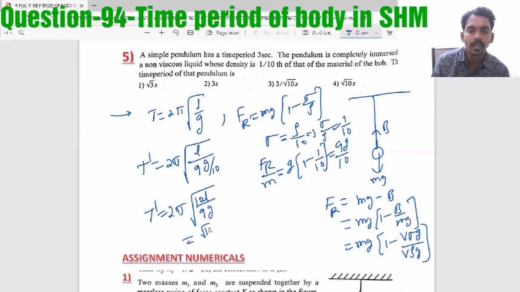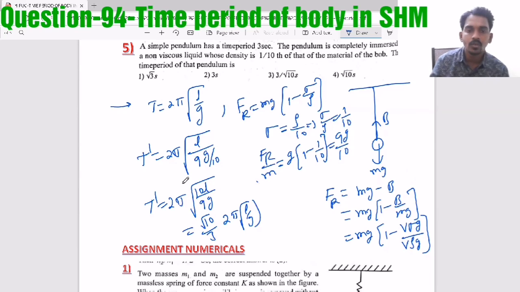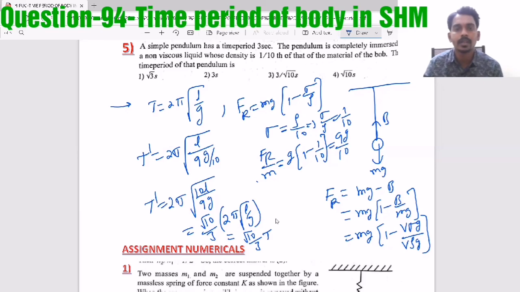So it will become root 10 by 3, root 9 means 3, into 2 pi root L by g. Nothing but the new time period has become root of 10 by 3 times initial time period. Initial time period is how much? 3. So 3 get cancelled. Then what is the answer? New time period will become root 10 seconds. So that is the final answer, root 10 seconds.